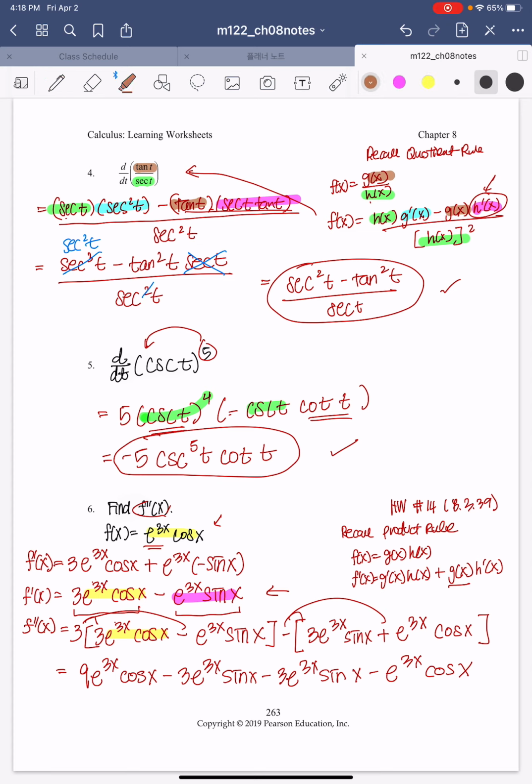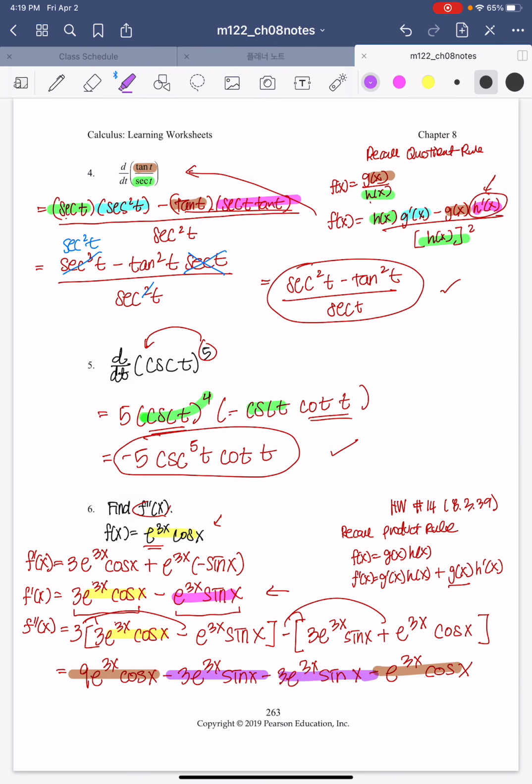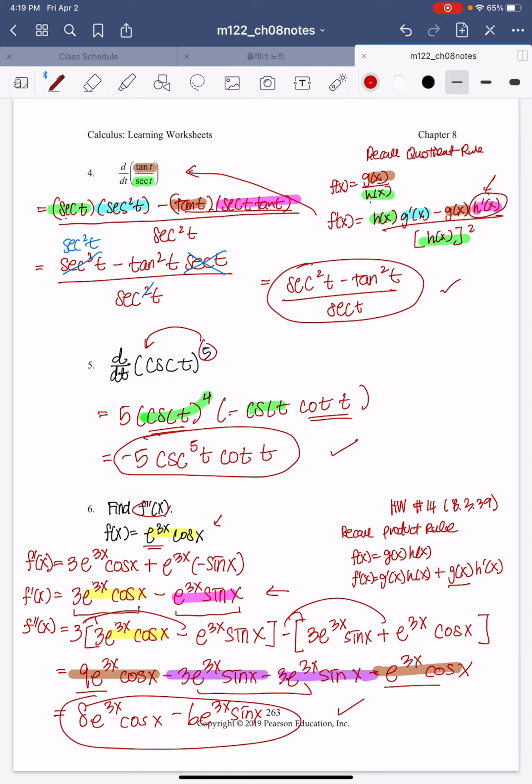The e and cosine x terms I can combine, and I also have the sine terms. So how many do we have? 9 take away negative 1, which is 8e to the 3x cosine x. Here I'm going to have negative 6e to the 3x sine x. So that will be my final answer.